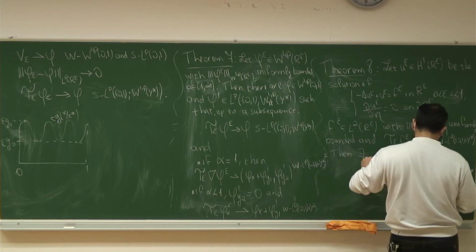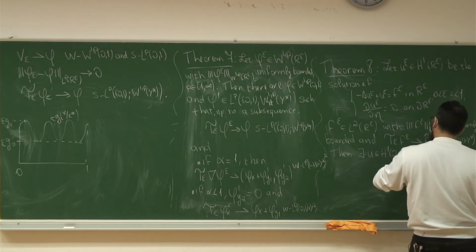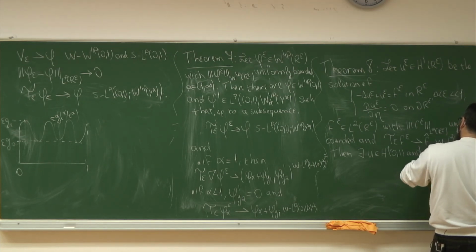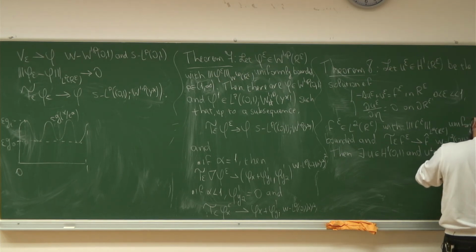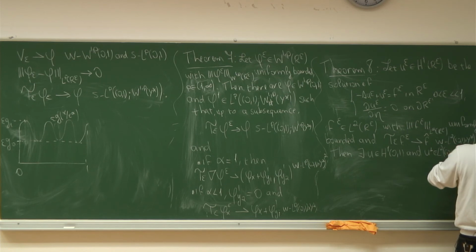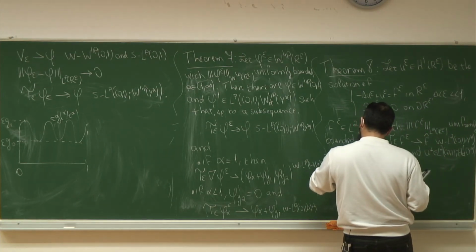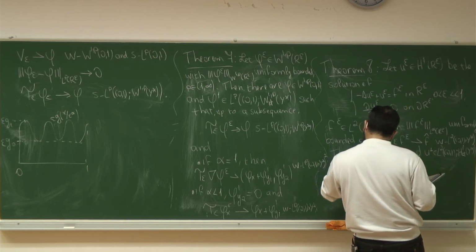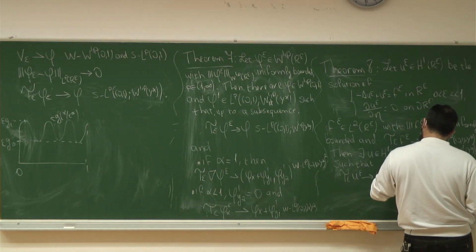So then there are U in H1 of 0, 1 and U1 in L2 of 0, 1, with values in H1 periodic, such that this converges strongly in L2.